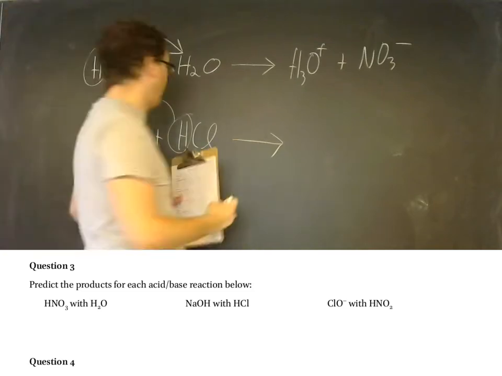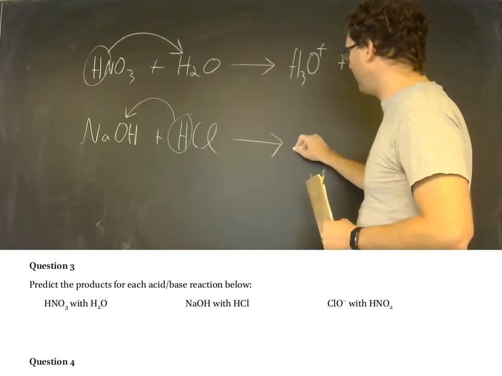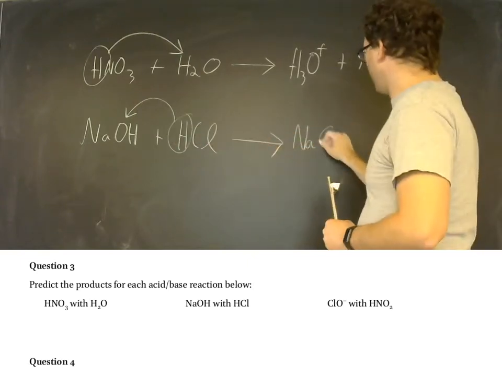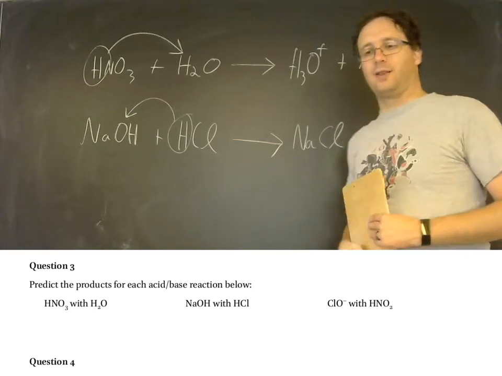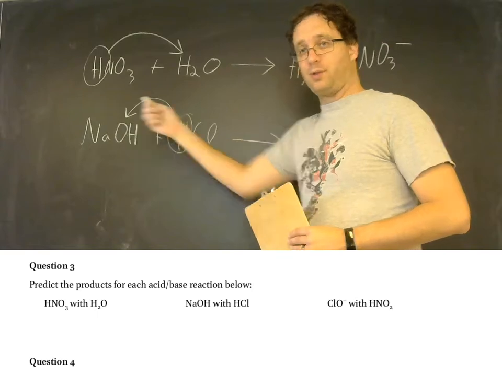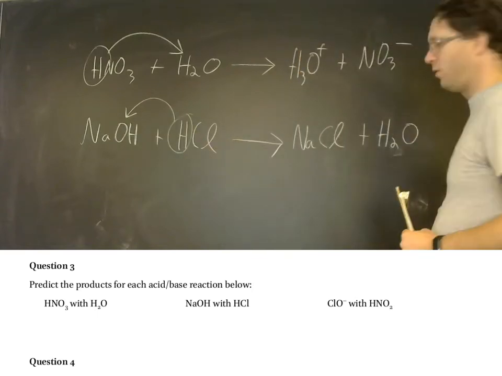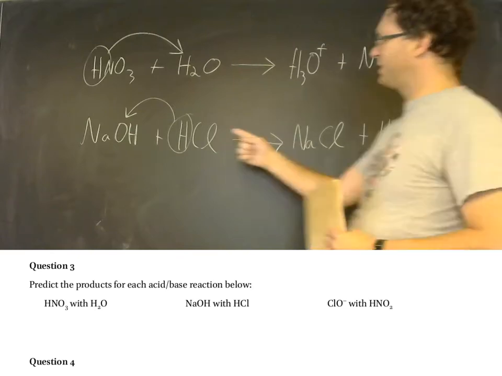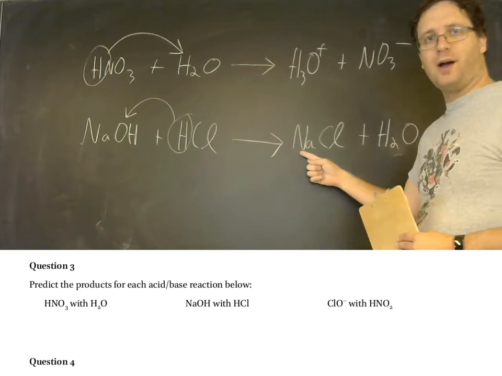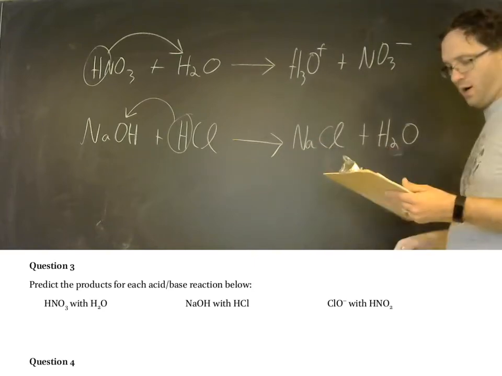Now, because NaOH is a soluble salt, what we'll really have is the Na separated from the OH, and we can go ahead and pair it with that chloride left over, NaCl. And then the H is going to go pair with the OH to form water. So a strong acid with a strong base is going to leave behind some ionic compound, we'll call it a salt sometimes, and water.